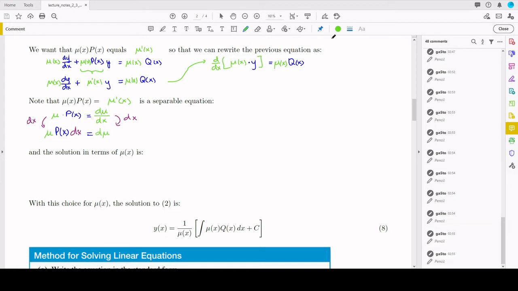So what we get then is p of x dx equals 1 over mu d mu on the right.